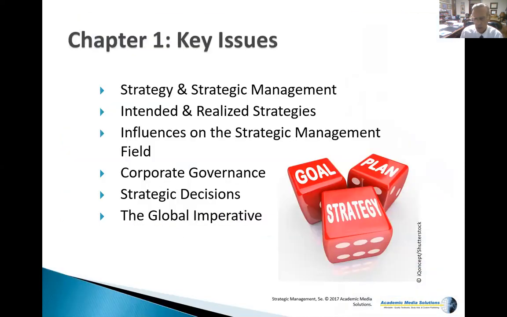The key issues in this Chapter 1 involve the definitions of strategy and strategic management, an interesting concept that deals with the real world, what we intend as strategy and what turns out to actually happen, and some of the more important forces that are influencing how we form strategy and make strategic plans today. The role of corporate governance, very important.